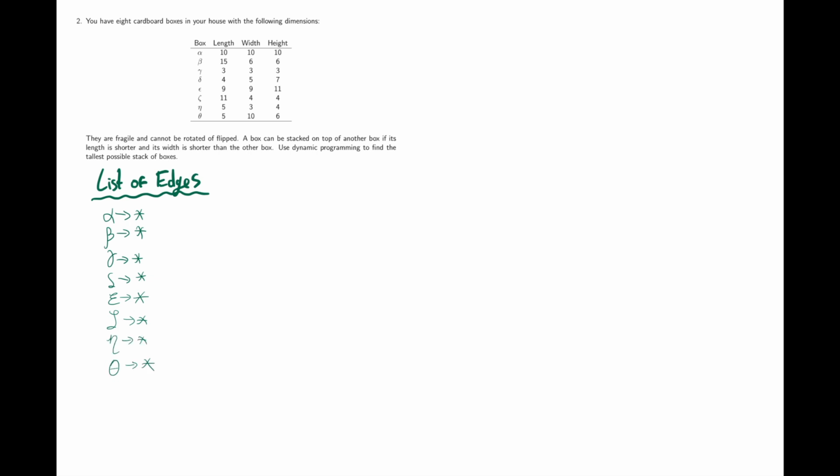Now we will go one by one through the boxes, listing all the possible boxes that can be stacked on top of it. So first consider alpha. The boxes that can be stacked on top of alpha are gamma, delta, epsilon, and eta. All the others have a length or width equal or greater than alpha's.